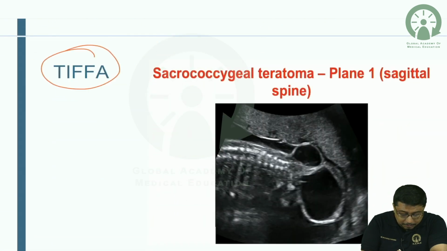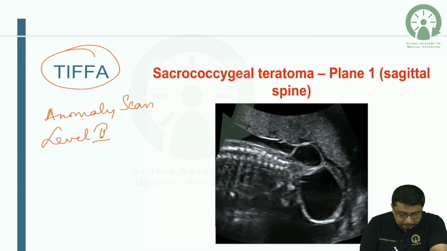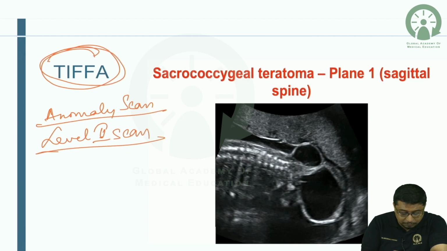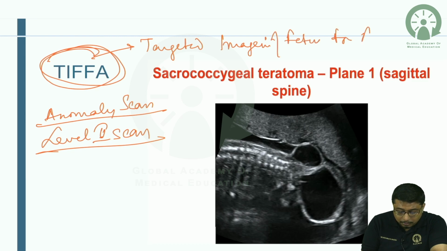So this is important. This is previously known as the anomaly scan or level 2 scan, which is currently known as TIFFA, targeted imaging of fetus for anomalies, right?